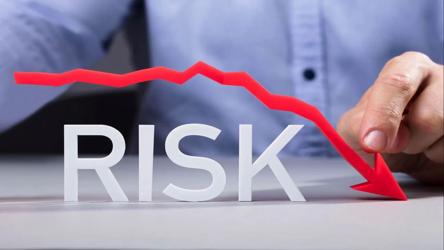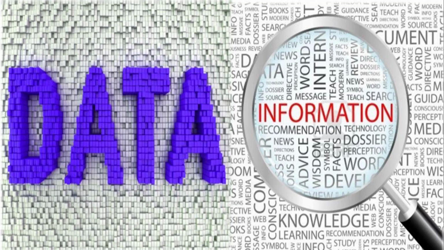Now let's take a look at the difference between data and information. Many people use the terms data and information interchangeably, but the two are different in very important ways. Data is just numerical or verbal descriptions that usually result from some sort of measurement.